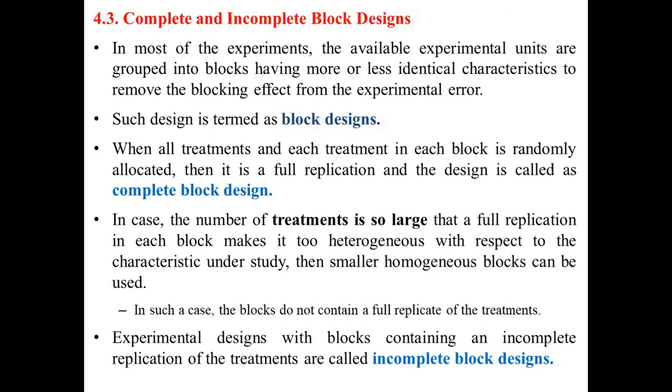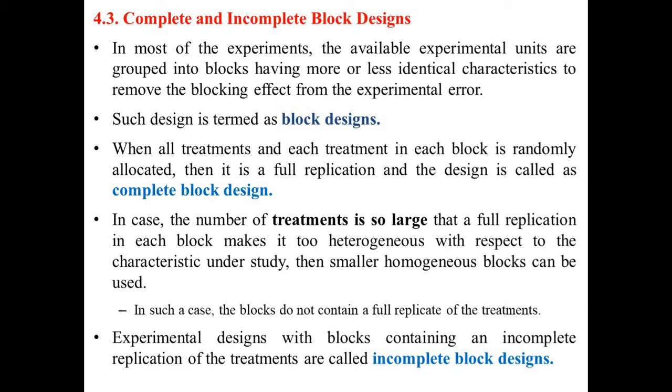Generally, we can categorize the experimental designs into two: complete block designs and incomplete block designs. In most experiments, the available experimental units, the materials, and all associated factors need to be considered.